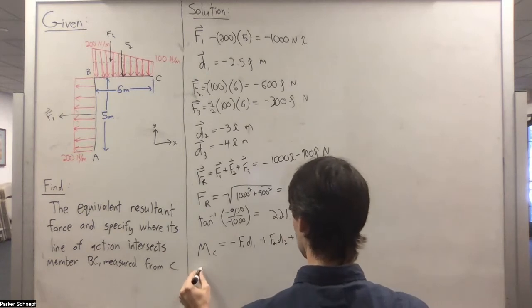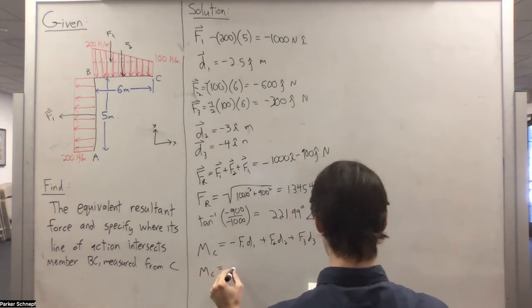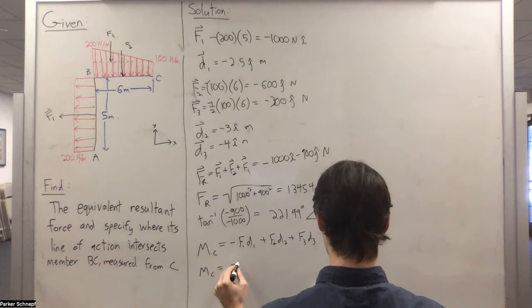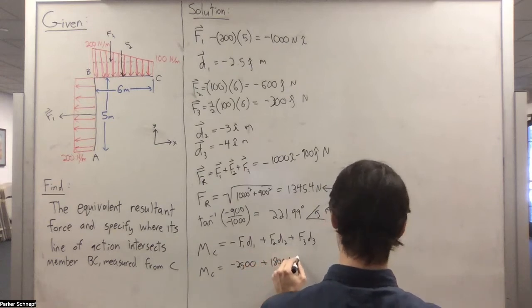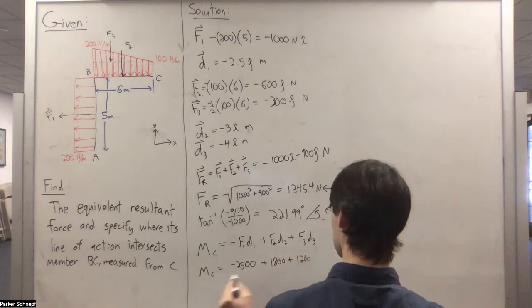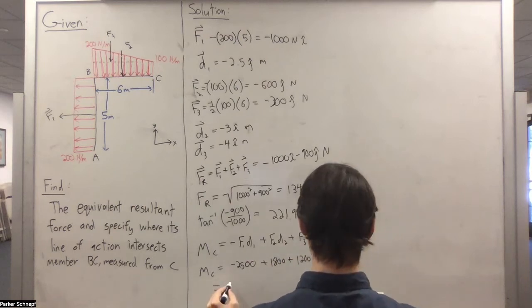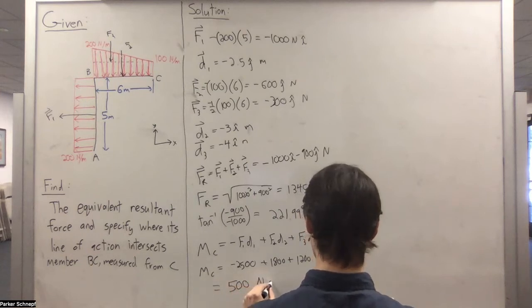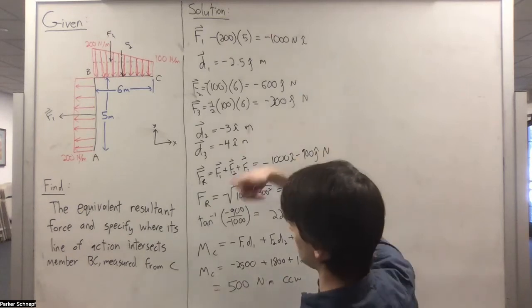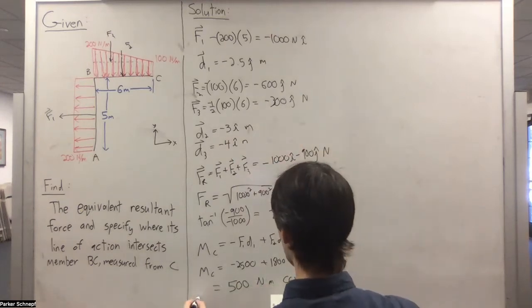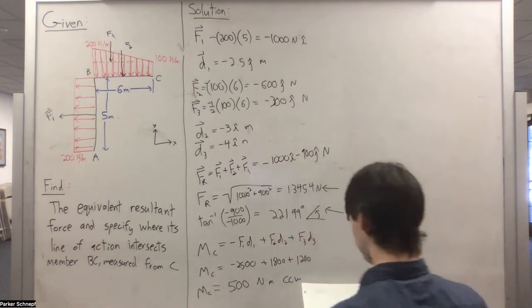And I end up getting a moment about point C of minus 2500 from that, plus 1800 from that, plus 1200 from that, which I wind up with a moment of 500 newton meters in a counterclockwise direction. So positive means counterclockwise. Okay, so we got that now.